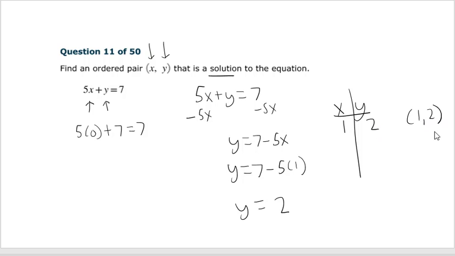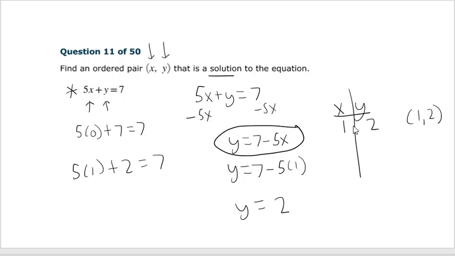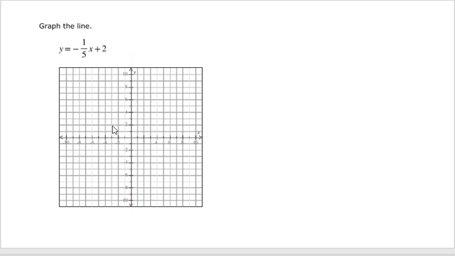That would be a different ordered pair that is also a solution for this equation. Because if we plug 1 in for the x and 2 in for the y, it does make the equation true. Okay, you could pick anything that you want for the x, plug it into your equation, and figure out what the y will be when you choose that value for x. Okay, so that's how you do those ones.